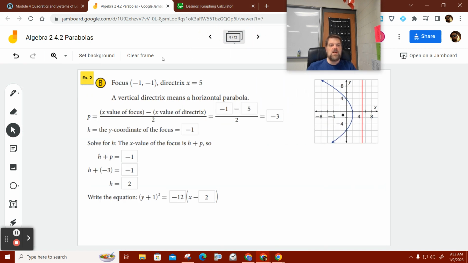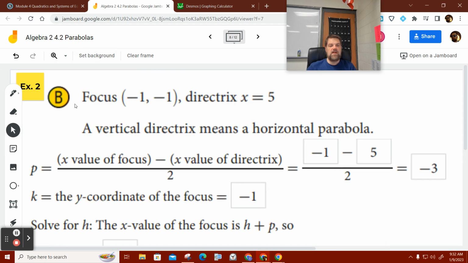All right. So in your textbook, they kind of show you how to do it. To find the p-value is just the x value of the focus. So what's the x value of the focus? Well, the x value of the focus is -1. Remember that your focus is an x comma y value. So that gets plugged in over here in the formula.